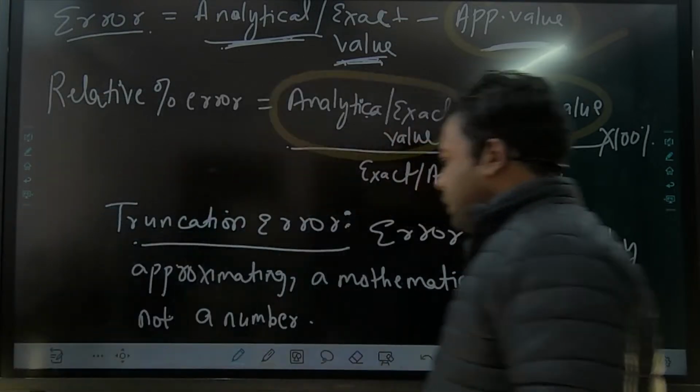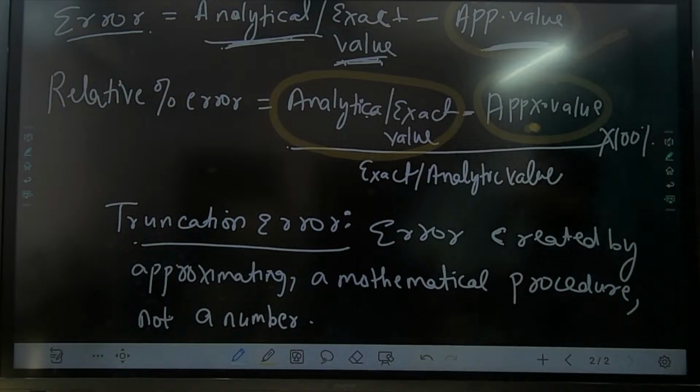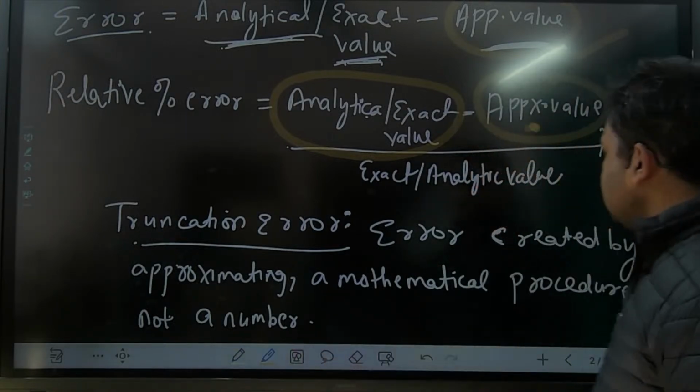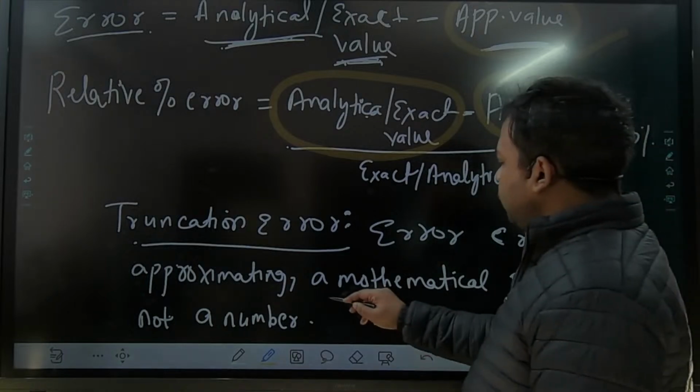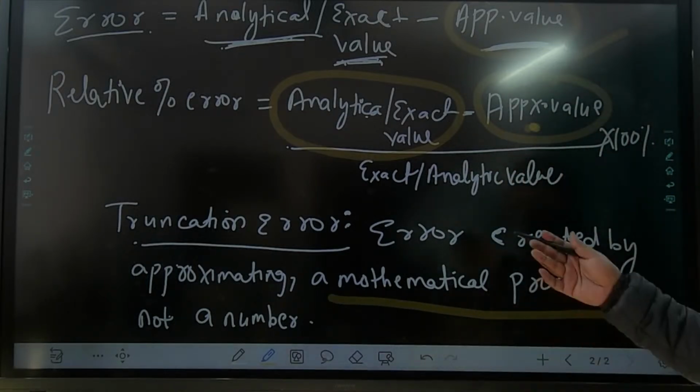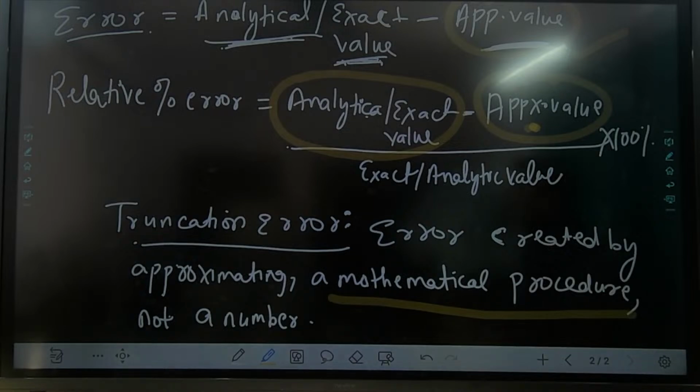So many ways you can get error. One error you get in numerical methods is truncation error. So truncation error is an error created by approximating a procedure only, a method only, right? So we are approximating a mathematical procedure.